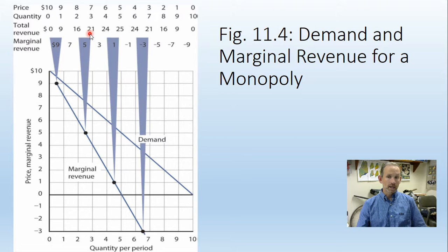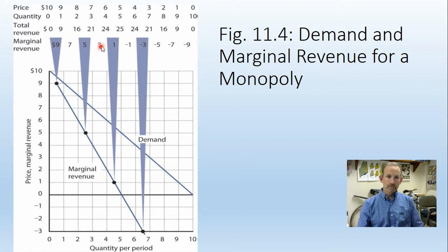Now, let's say you decide, well, I want to sell 4 items. I want to sell more next week or next month. In order to do that, to sell 4, you have to lower your price to 6. So 6 times 4 means you have a total revenue of 24. So your marginal revenue, your additional revenue from selling 1 more was only $3.